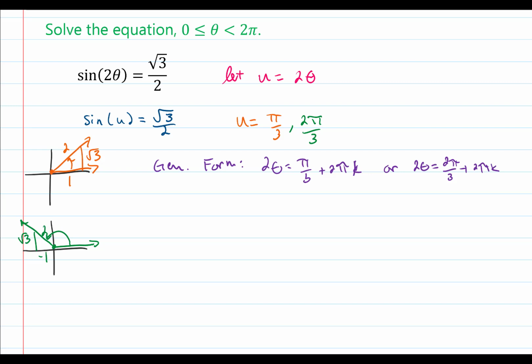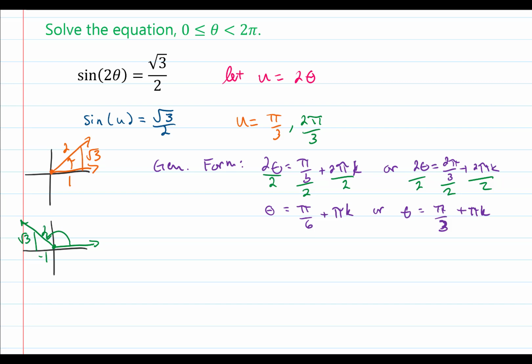Now what we're going to do is solve for angle theta. To do this, we're going to divide all terms by 2. And so now we get two general formulas, which are theta is equal to pi over 6 plus pi times k, or theta is equal to pi over 3 plus pi times k.